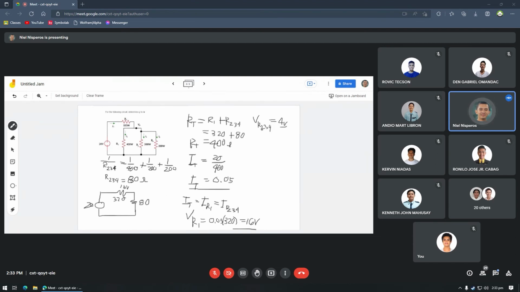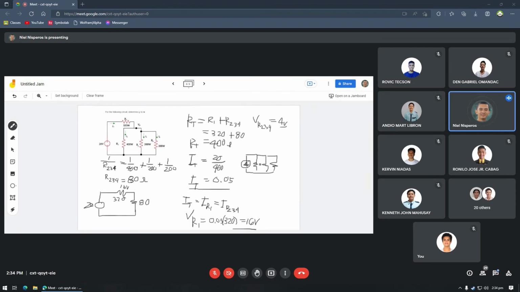So we have 4 volts across R2, 3, 4. They are in parallel, and their supply is 4. We separate them again so we can get their individual voltages and currents.